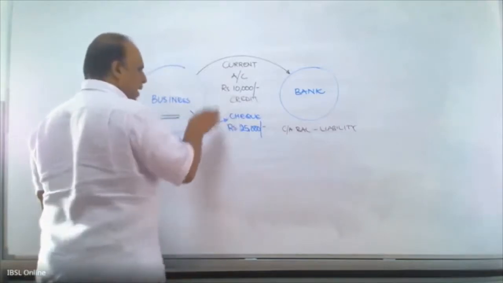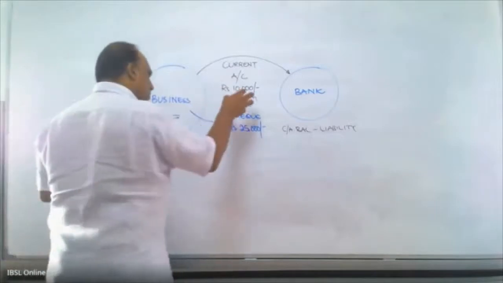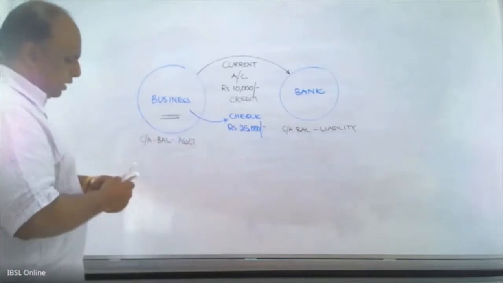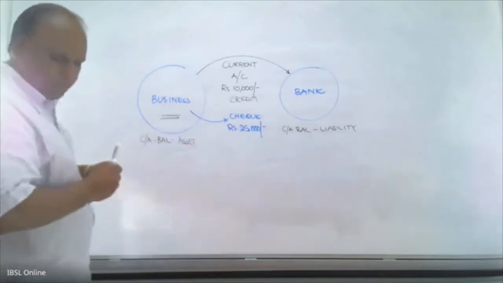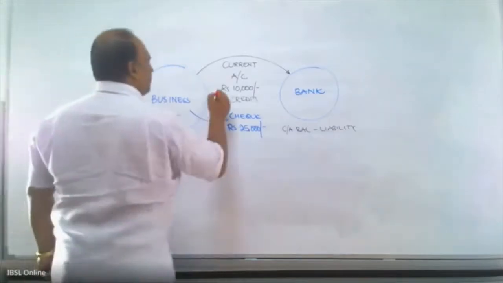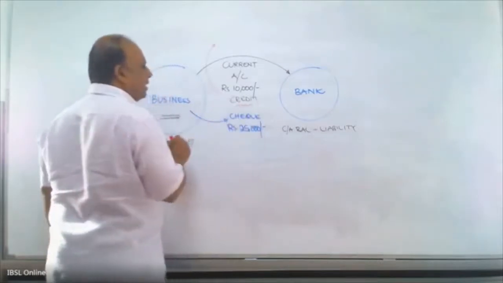So the company issues a check for 25,000 and that check comes into the bank account. Now what will happen to the bank account balance? You already had 10,000 rupees credit.